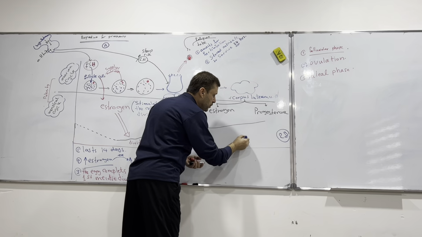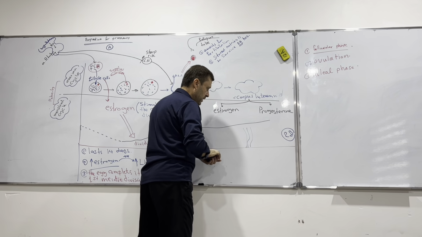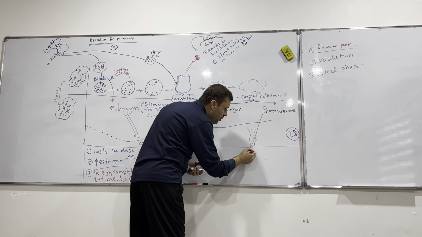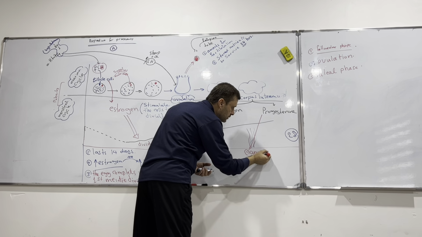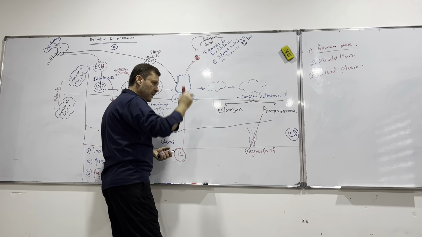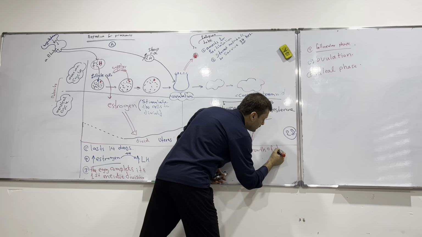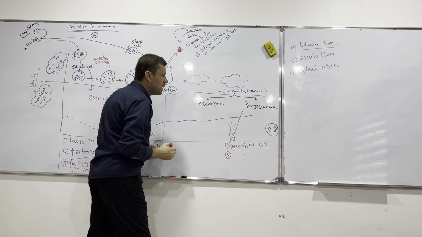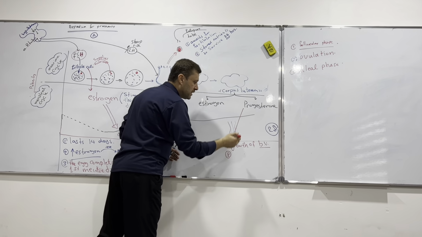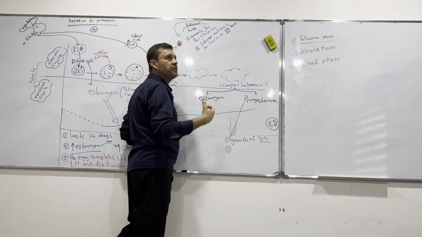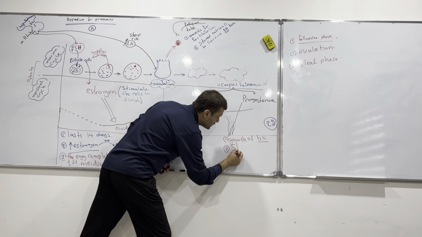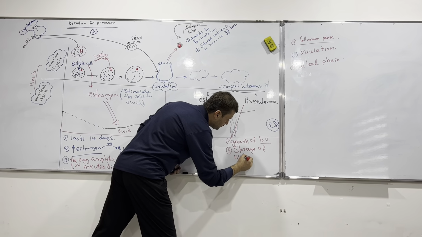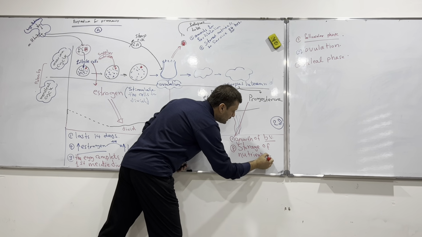What about progesterone? Progesterone stimulates two things. First, it stimulates growth of blood vessels in the uterine lining, growth of the blood vessels quickly. Second, it stimulates storage of nutrients and fluids.